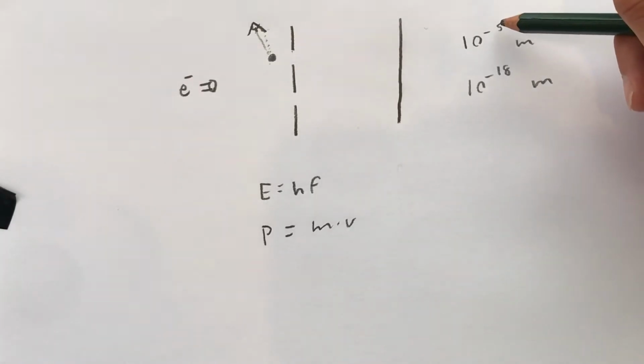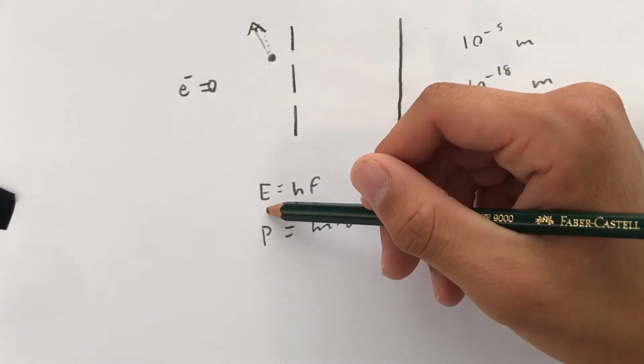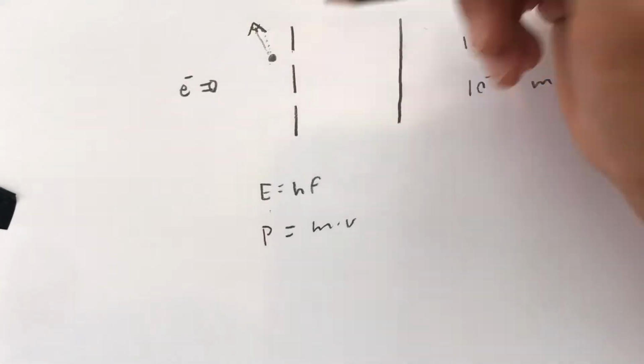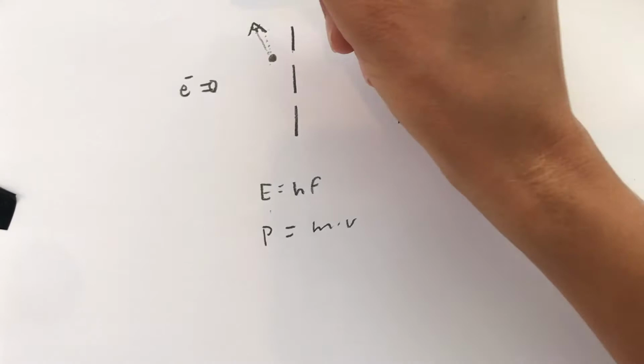So you need to make the wavelength so much smaller, and by doing so you will increase the energy. And when you increase the energy, you will simply just knock this electron out of place when you try to measure it.